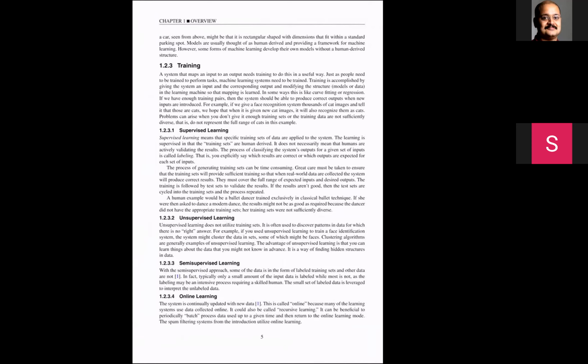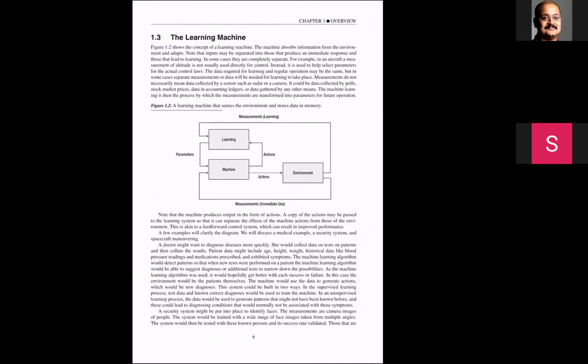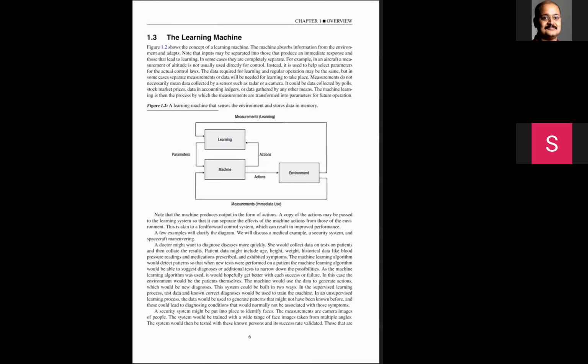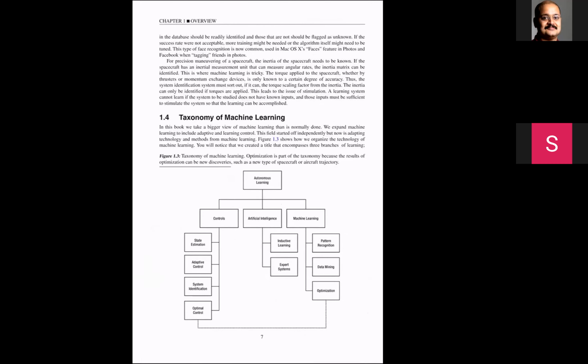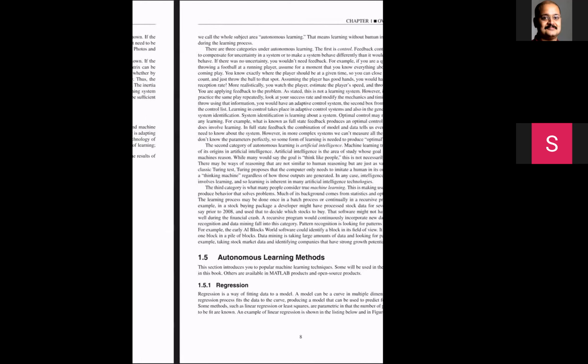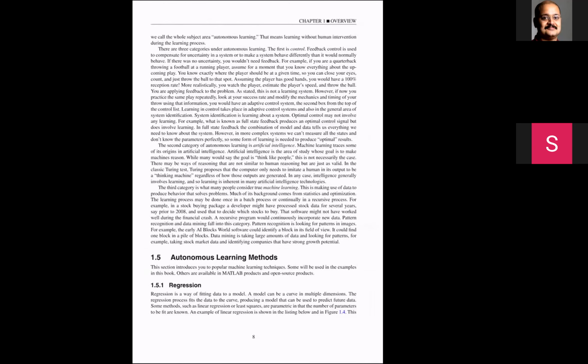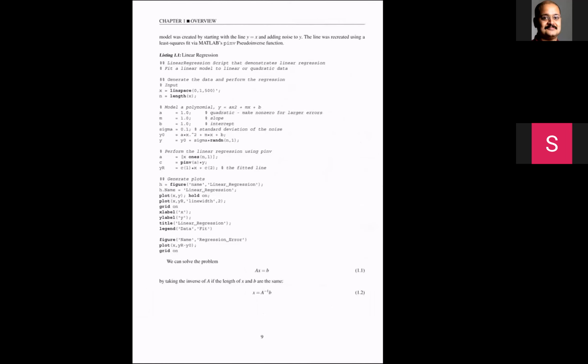What is unsupervised learning? Semi-supervised learning, online learning, the various paradigms of machine learning, different techniques and taxonomy. Taxonomy is a fancy word for different areas, or how you classify the field of machine learning. Then regression, we have spent a lot of time on regression.